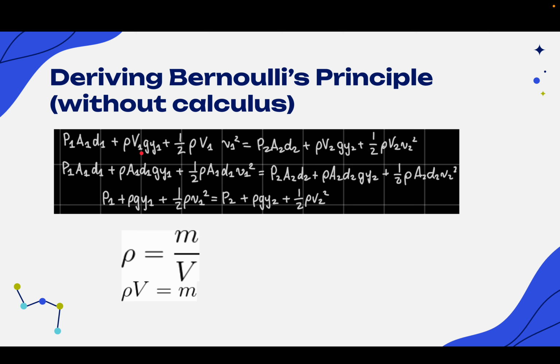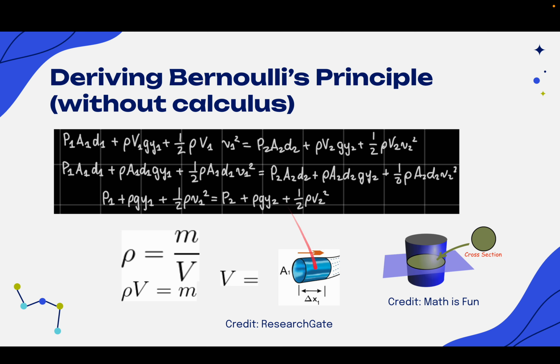The next step will be to substitute v with A1 d1. If you see this diagram, you'll recall that this gap times the cross-sectional area will equal the volume of the cylinder. So that's why we substitute v1 with A1 d1, and then we do the same for all the others.